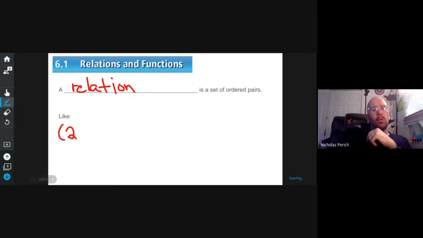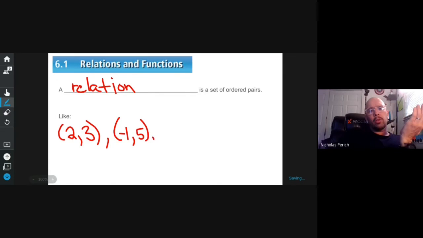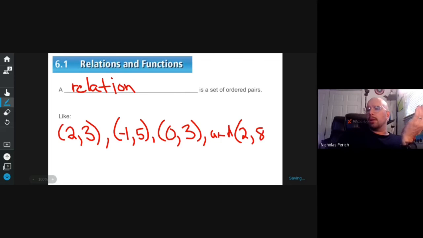So 2, 3 is an ordered pair. -1, 5 is an ordered pair. 0, 3 is an ordered pair. And 2, 8 is an ordered pair. So that's a relation. A relation is just a list of points.